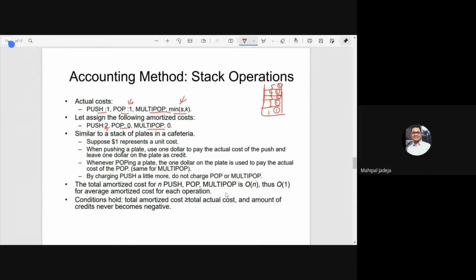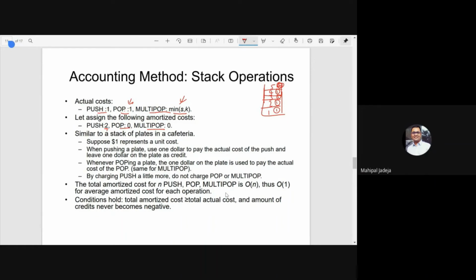Because whenever I want to remove a particular element, let's say 5, whether I'm using pop or multi-pop, this 1 unit will be used in that operation. So I don't need to pay anything extra now. Initially, I overpaid this push operation, and now it is balanced.